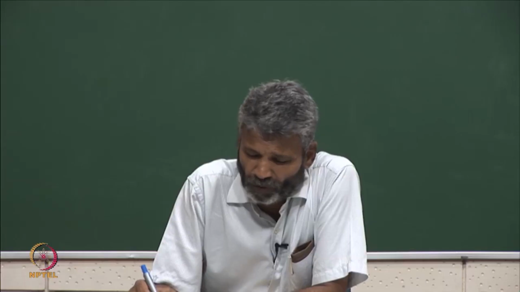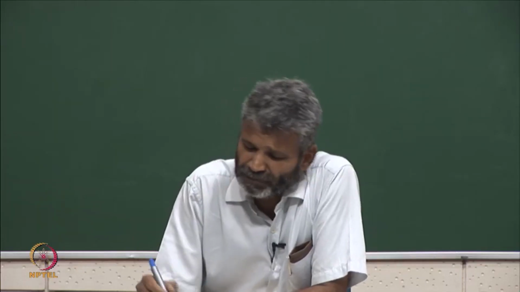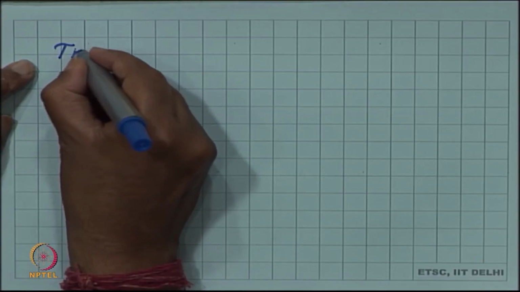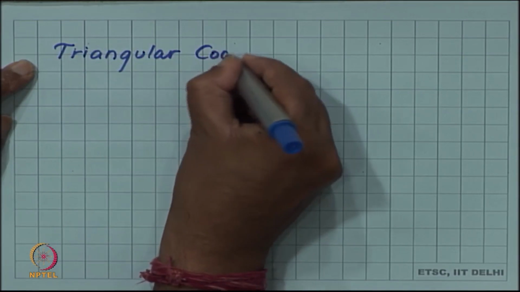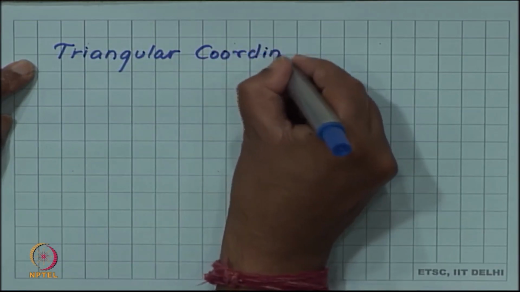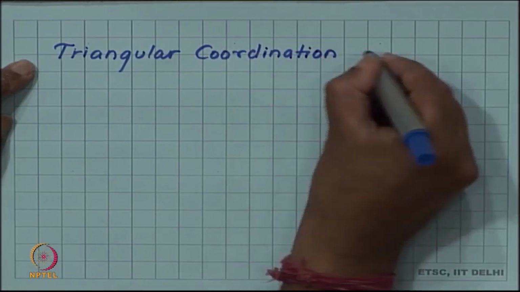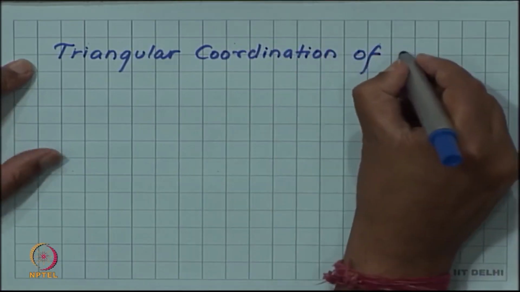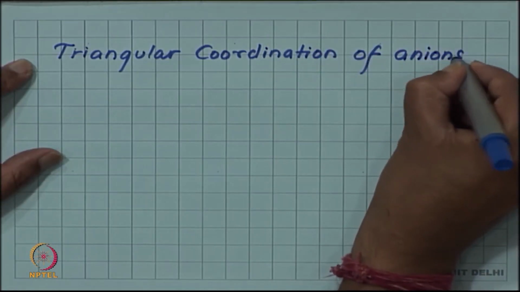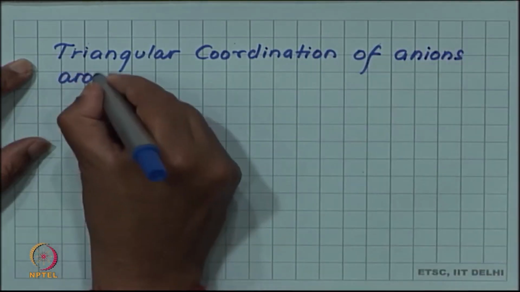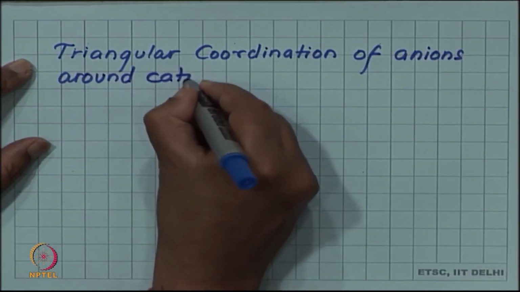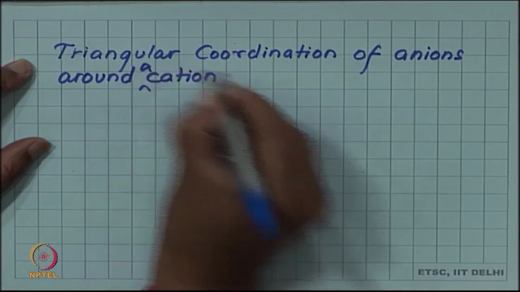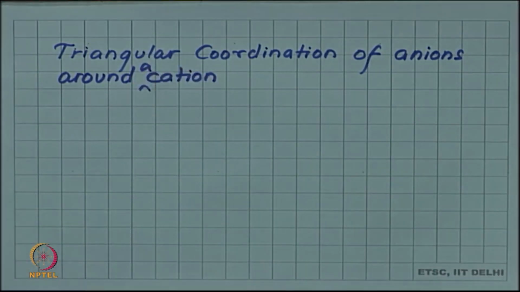So this is what we call a triangular coordination of anions around a cation.